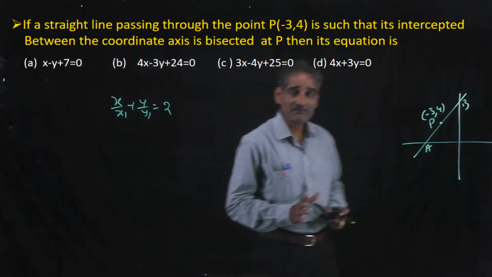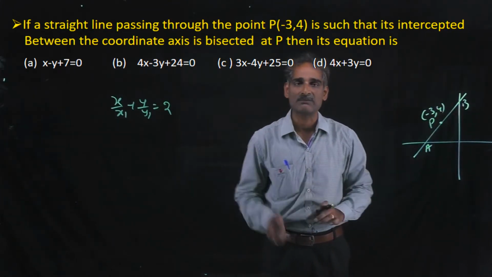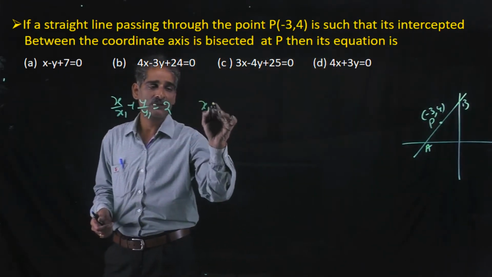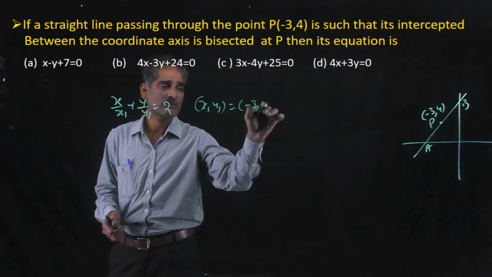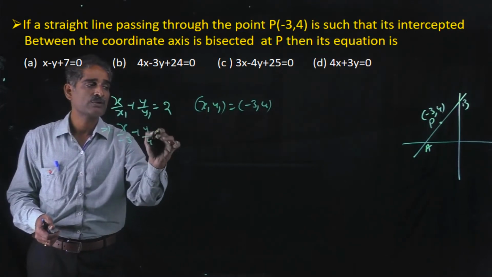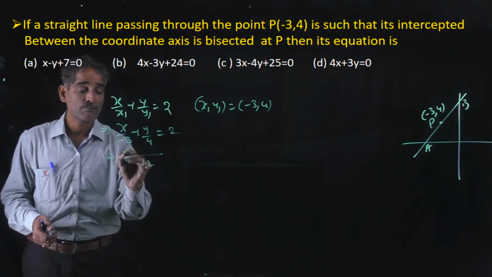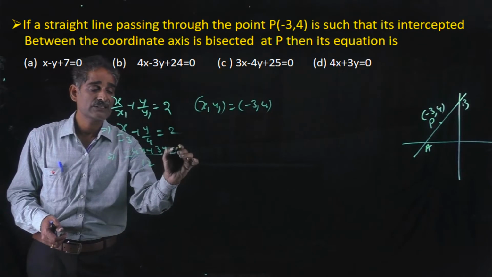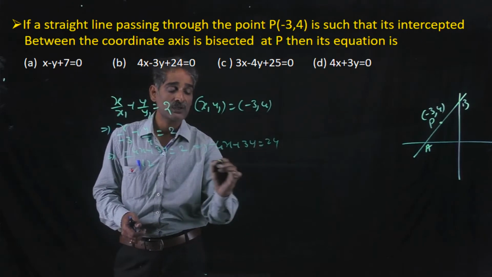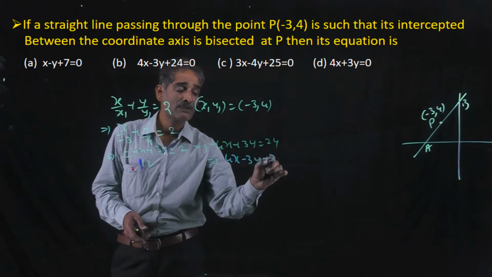Here (x1, y1) is (minus 3, 4). Substituting, the equation becomes x by minus 3 plus y by 4 is equal to 2. The LCM is 12. Therefore minus 4x plus 3y is equal to 24. From this we can write 4x minus 3y plus 24 equal to 0.